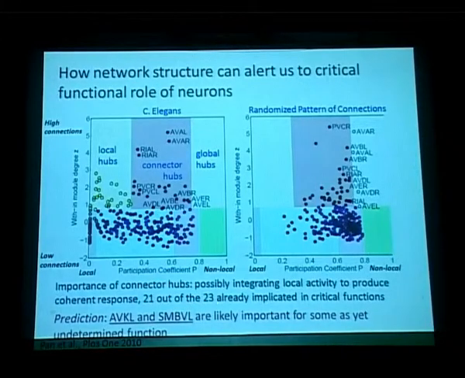The reason why we went into this work is based on some previous work that we have done in collaboration. So in that PLOS paper, we looked at modularity in the neuronal network structure of C. elegans, and we used the structural analysis to identify critically important neurons.